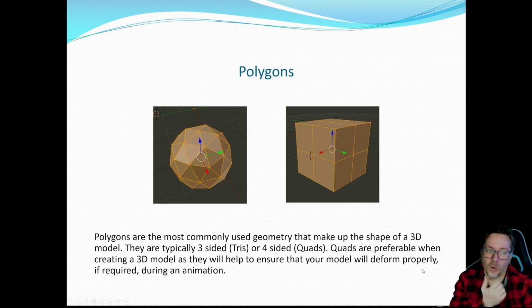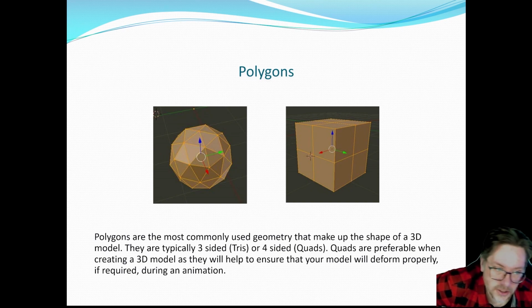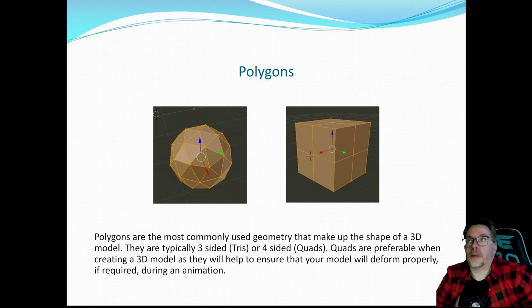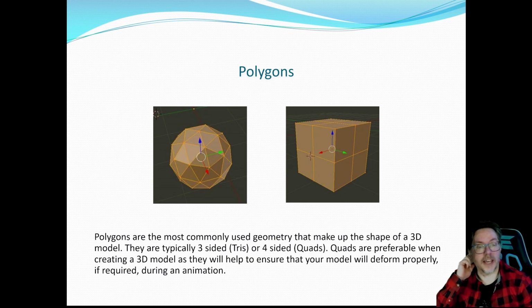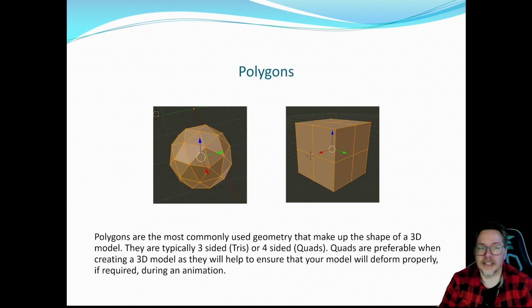And it says here, quads are preferable when creating 3D models as they help to ensure that models will deform properly if required during animation. And they're also a bit less calculation heavy for texturing.